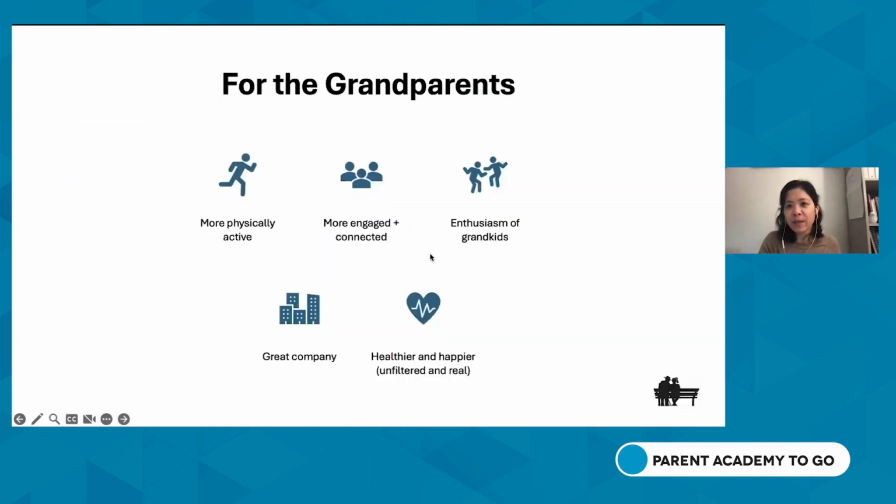Real quick, just for grandparents, if you are caring for the older and younger generation, by helping to build those intergenerational relationships, you are also, this is pretty obvious, improving the well-being of your older loved one, of the aging adult. I've worked with a lot of older adults, but my grandma, who I live with, we used to say she has 10 great grandchildren, and that every baby that we had, she would live an extra year or two.